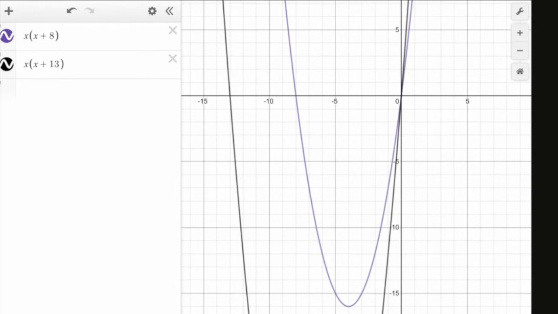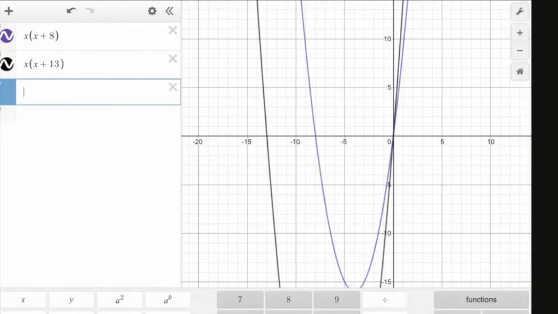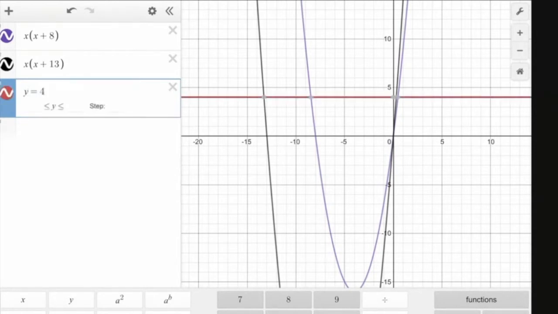Now what happens when we set this expression equal to 48? We set this expression equal to 48, or the y2. Our other option says, let's say y equals 48.